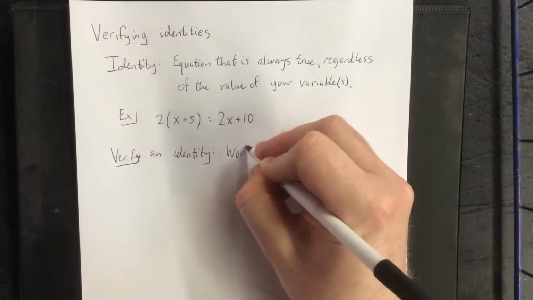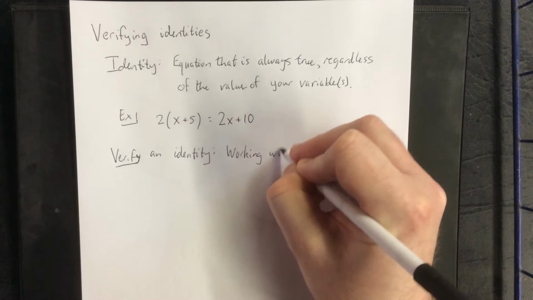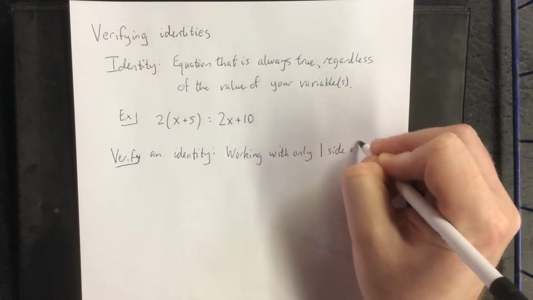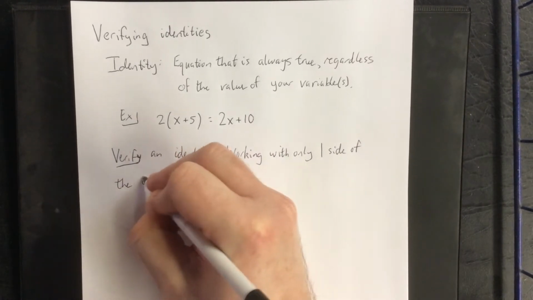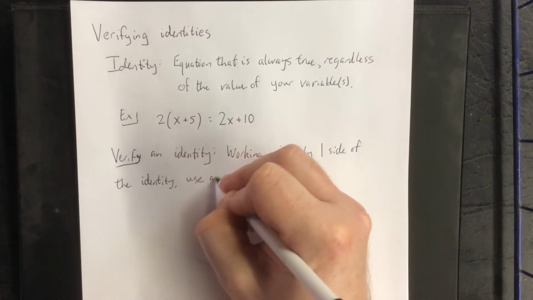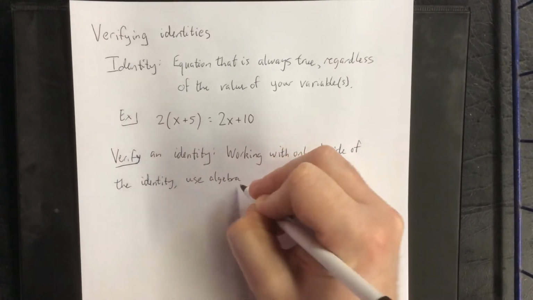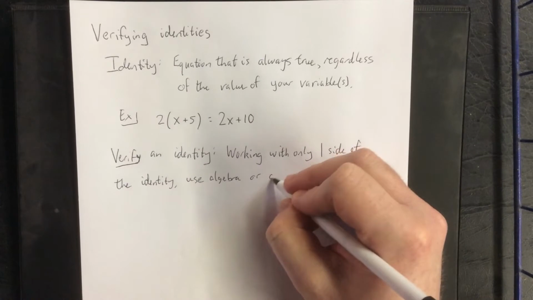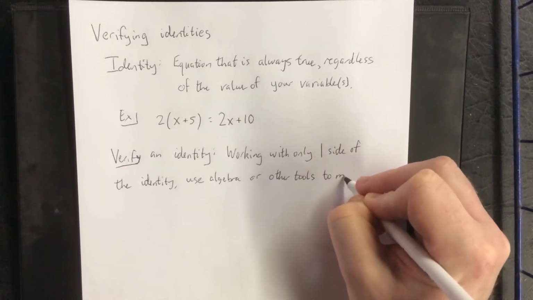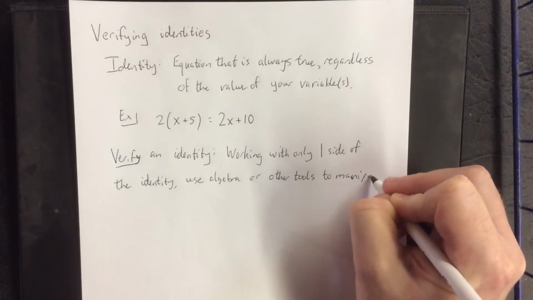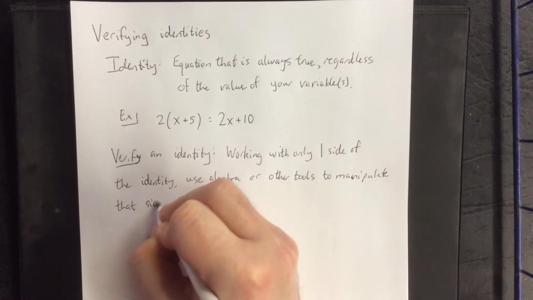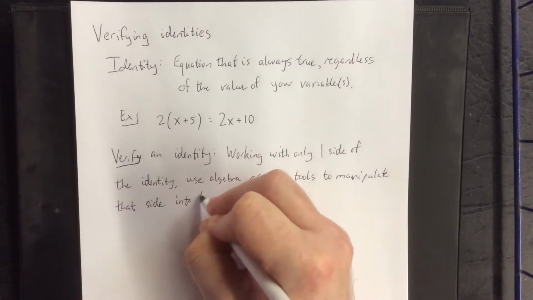So, working with only one side of the identity, use algebra or other tools to manipulate that side into the other side.